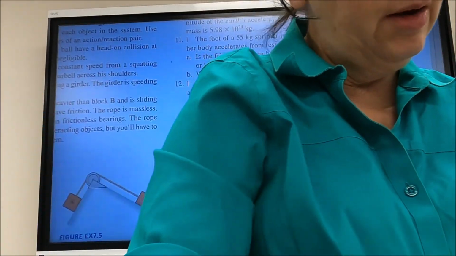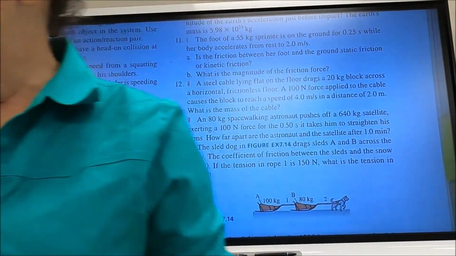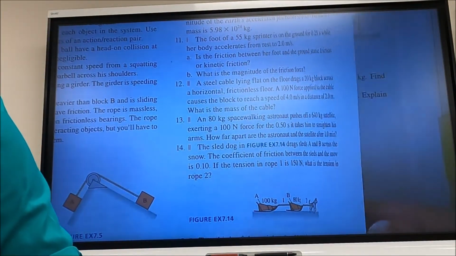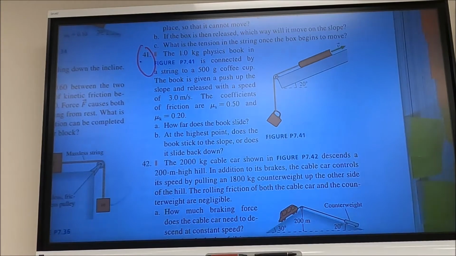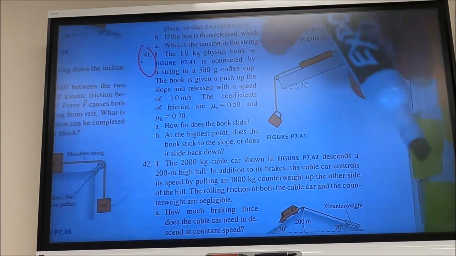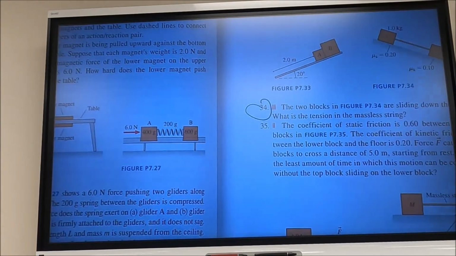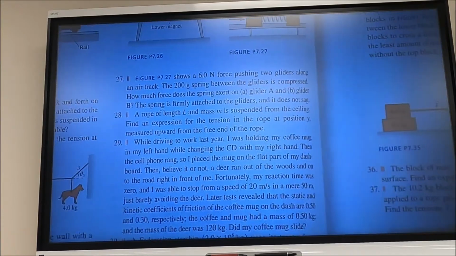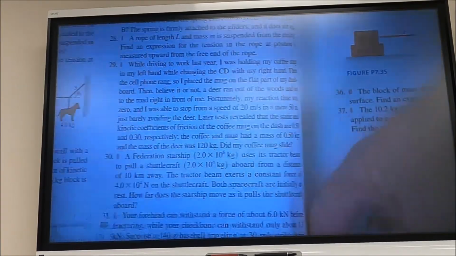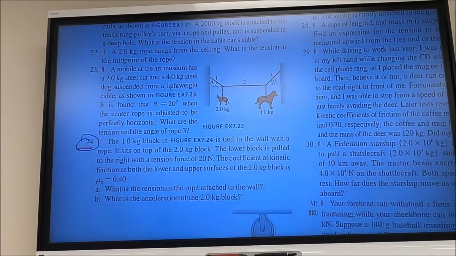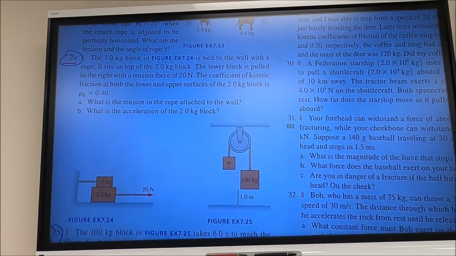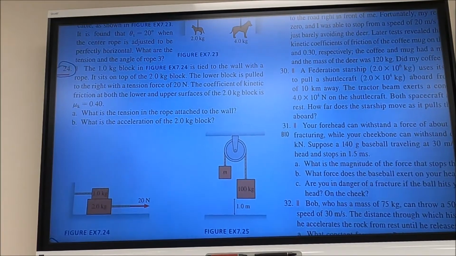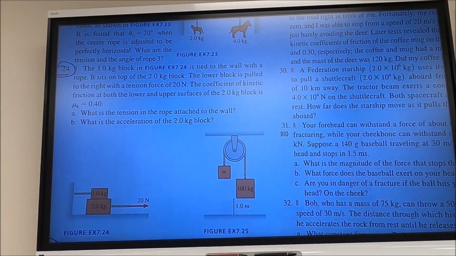We've already done 14. We're going to move on to problem 24. It says one block is tied to the wall with a rope.